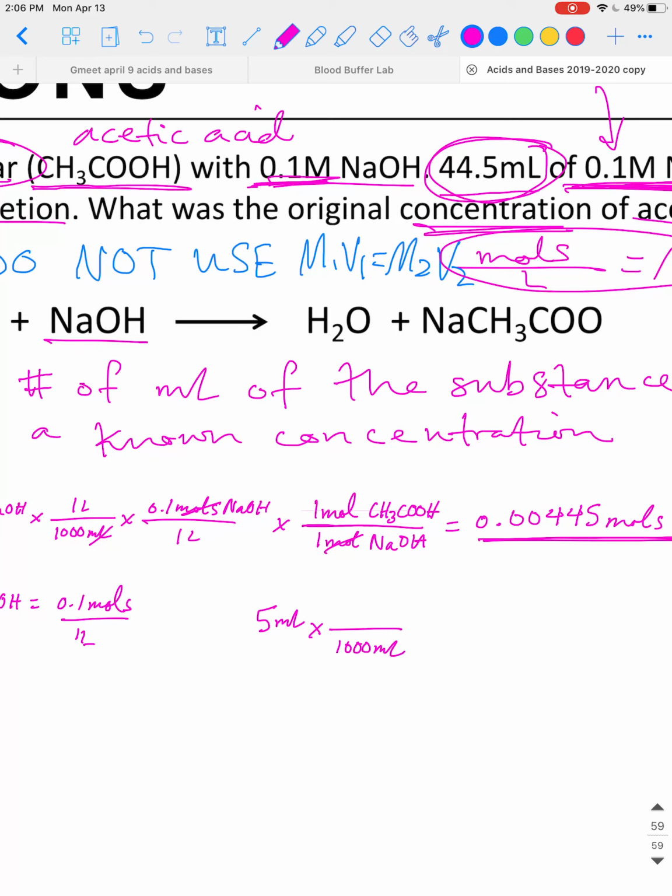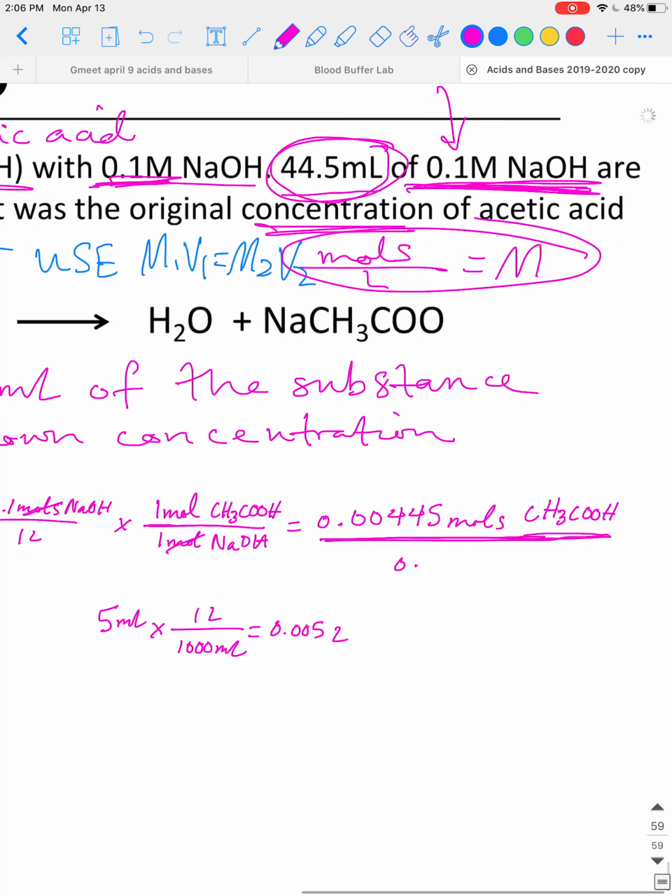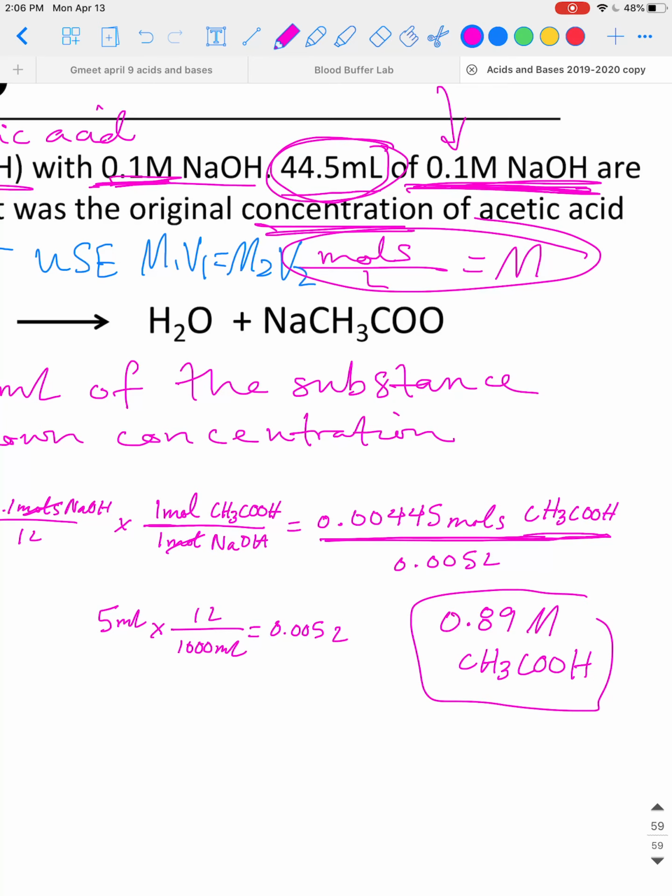So I'm going to take 5 milliliters and convert it to liters. Okay, there's our volume in liters. So we'll just divide by that. So we'll do 0.00445 divided by 0.005. And I got a molarity of 0.89 molar.